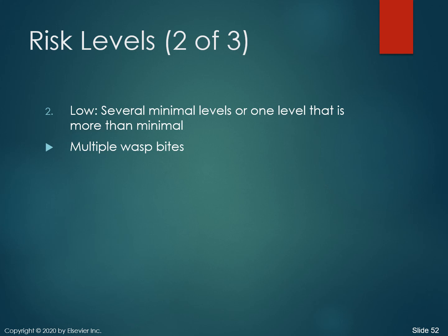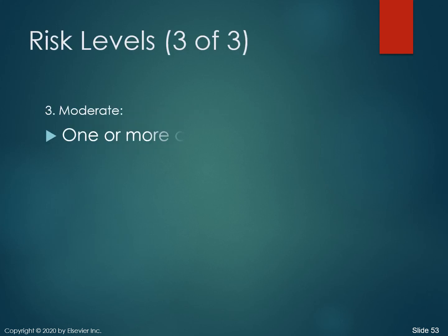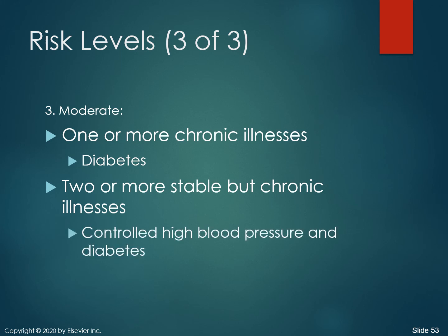Okay, so low would be more than the minimal level, which would be multiple wasp bites. And the third is moderate: 1 or more chronic illnesses, diabetes, 2 or more stable but chronic conditions. For example, high blood pressure could be a chronic condition, as well as diabetes, controlled high blood pressure and diabetes.